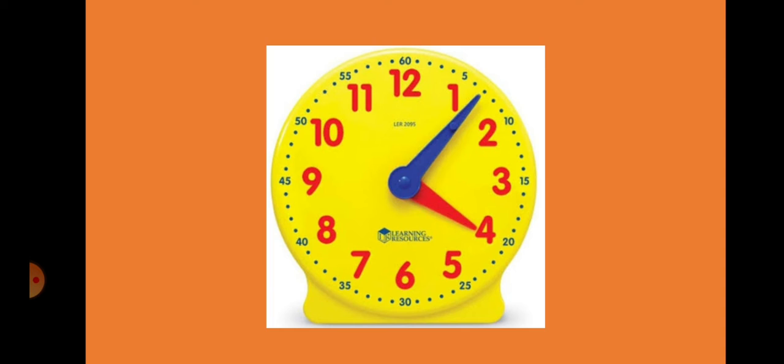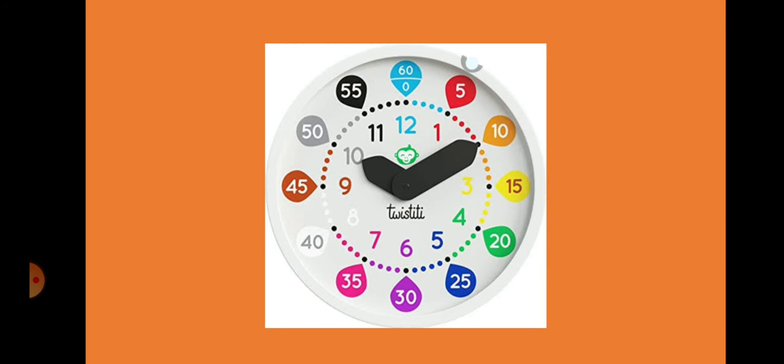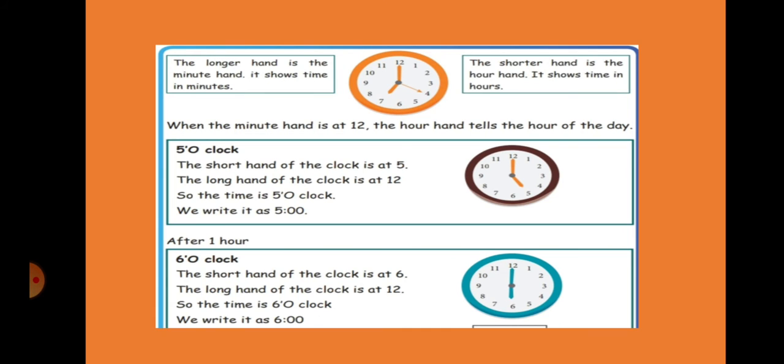Okay, I'll show you the pictures. Okay, children, see here, the longer hand is on 12, so it is 7 o'clock. Whenever the longer hand is at 12, we have to count it as 0, 0.